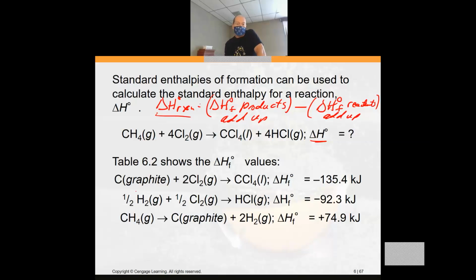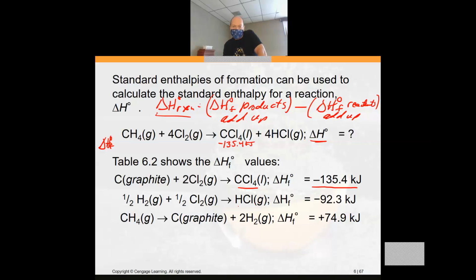All right, so here is table 6.2. All right, so CCl4, it is listed as negative 135.4. So you find your delta H naught formation. Here is your CCl4 on table 6.2. CCl4 is here, negative 135.4 kilojoules.